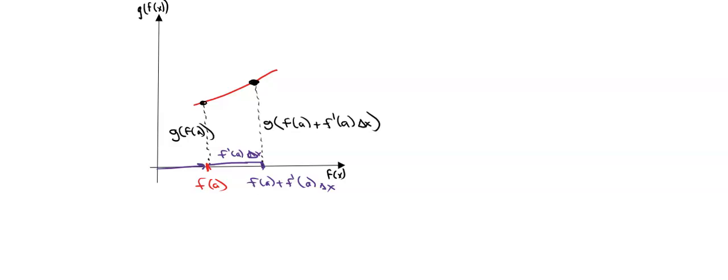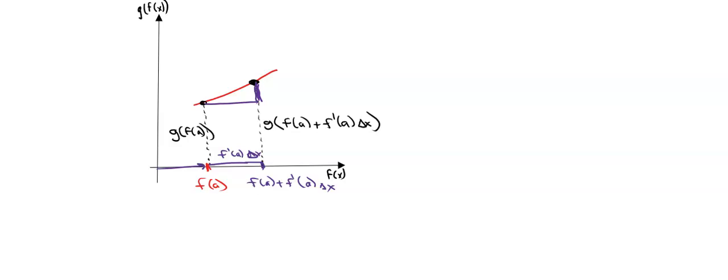All right, now like before, we're looking for the rate of change. So as we change the input quantity by that amount of f prime of a delta x, we get a corresponding change in output.